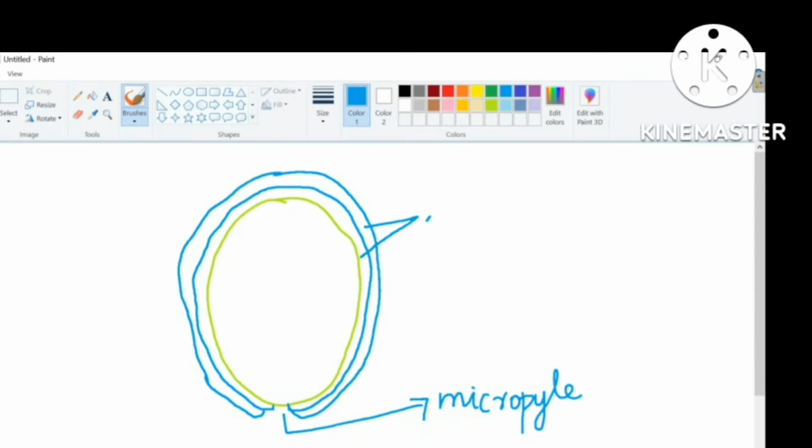So they are integuments. And there is a stalk that connects the ovule with the ovary wall over here. This stalk is called the funicle.